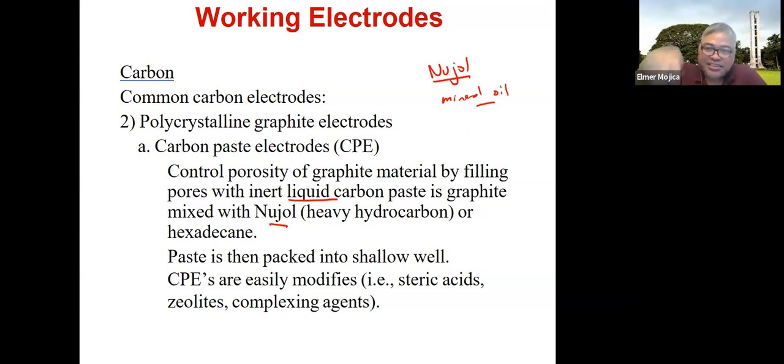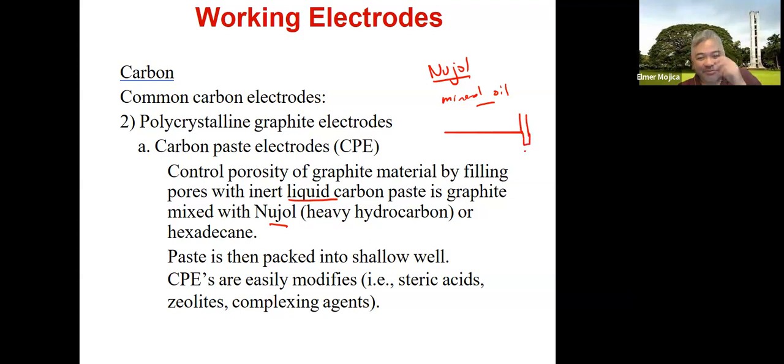And then you mix the graphite carbon. This is a carbon powder. And mix it with the modifier that we use. Only a small amount of modifier was used. Okay. And then we pack the paste into the well. So usually we have a Tetra Pak straw.